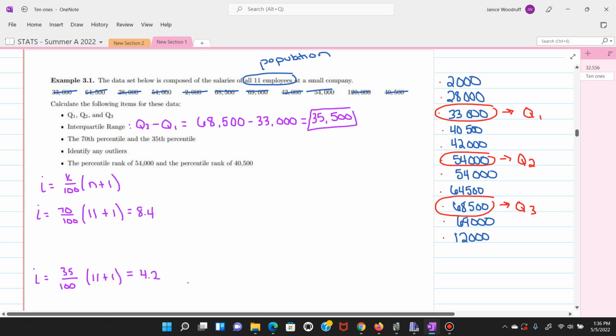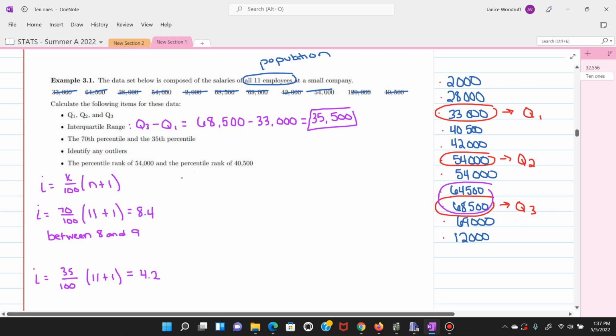Okay, so now when these are not even numbers, you're going to look between two values. So for 8.4, we're going to look between 8 and 9. So we want the 8th value, so this is between 8 and 9. So let's see here. 1, 2, 3, 4, 5, 6, 7, 8, 9. So here's 8 and 9. So we want the median of those two values.